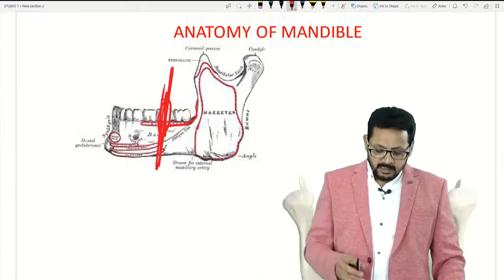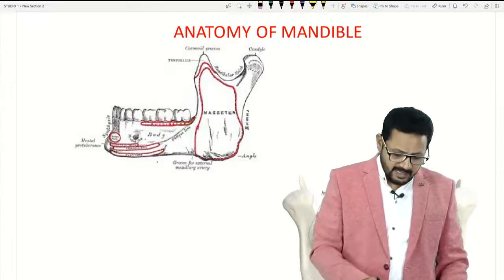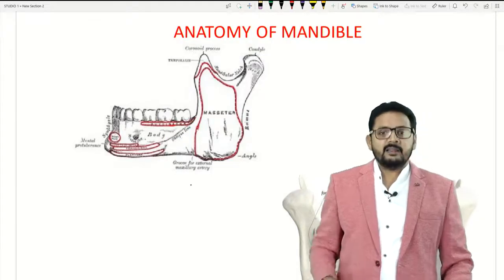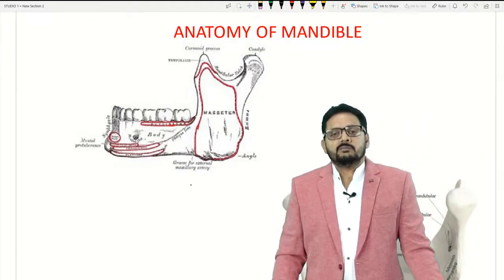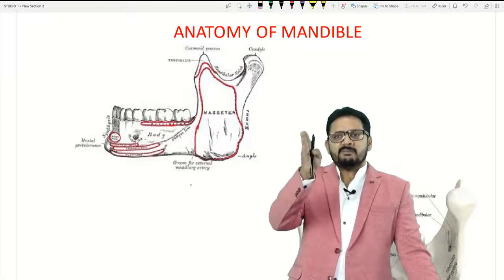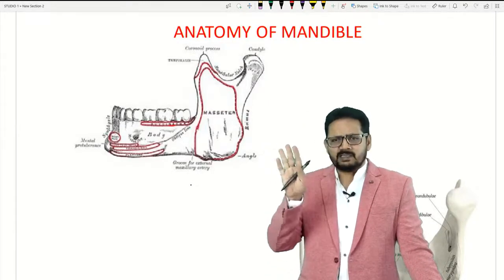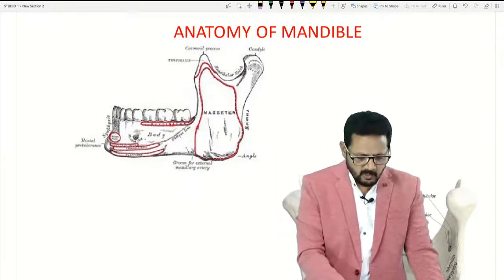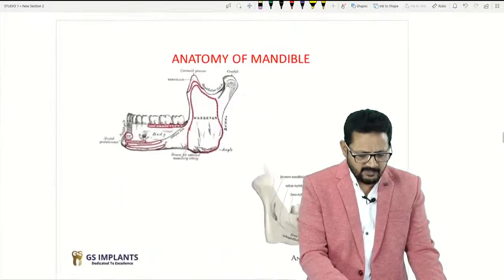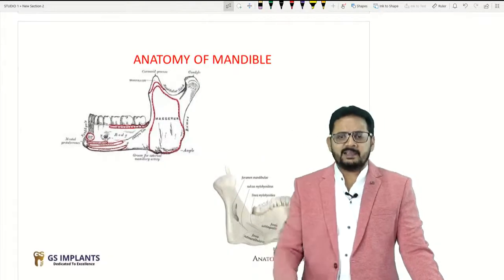Now, second point. Clinically, how can you know that this is the mental foramen region? Radiologically, yes, I know, the OPG. I have seen the OPG. You all will say that you have seen the OPG. I know, I can understand that.